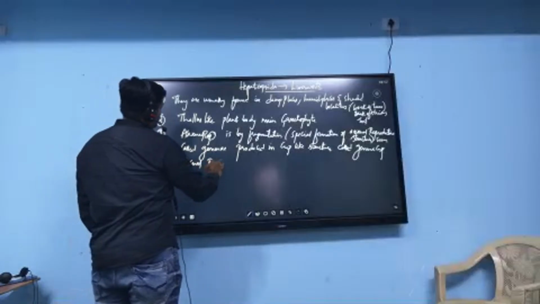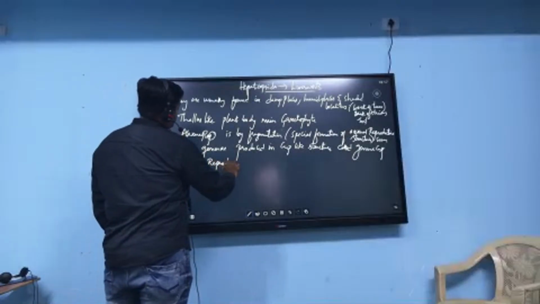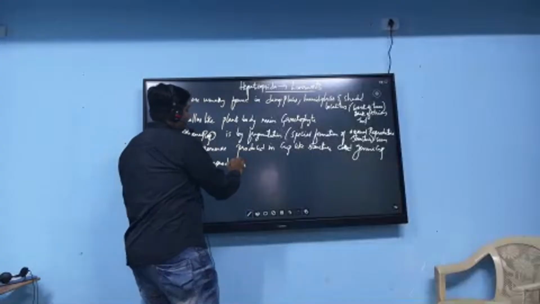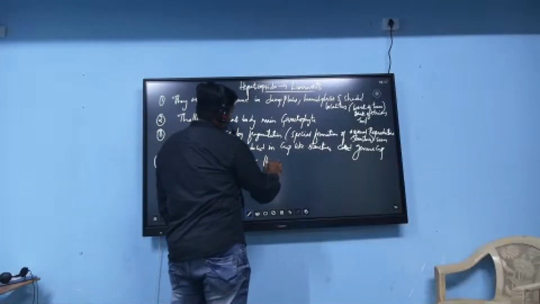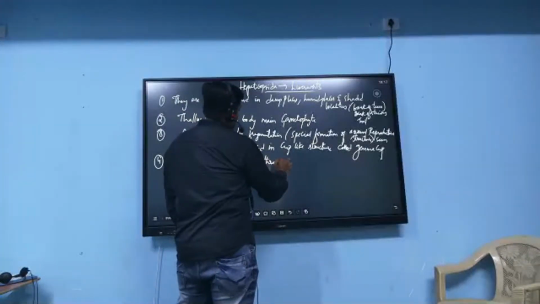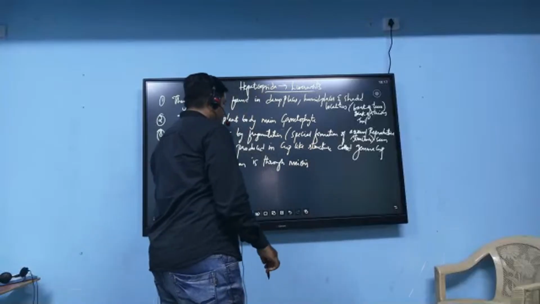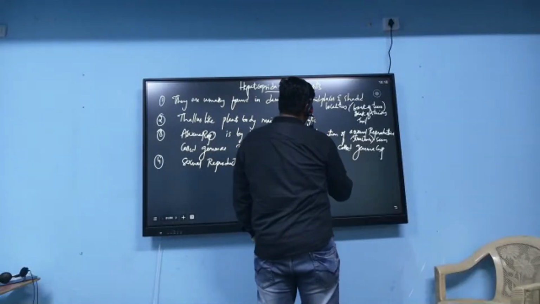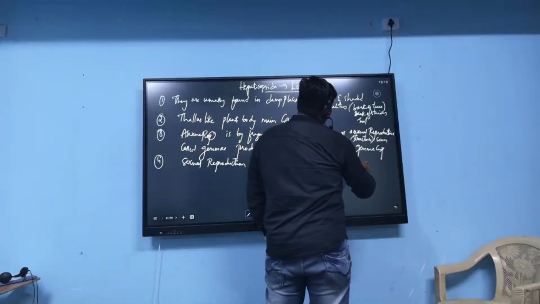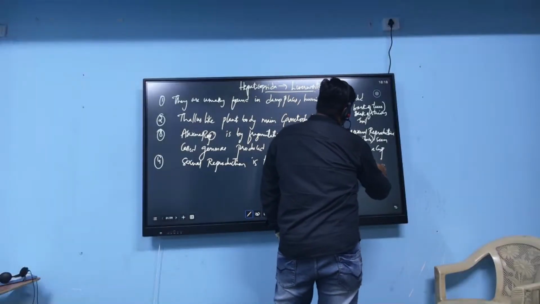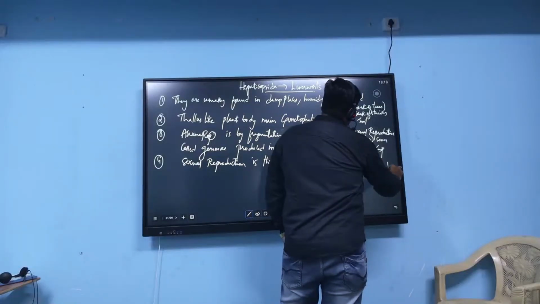Sexual reproduction is through meiosis by the sporophytic plant body.